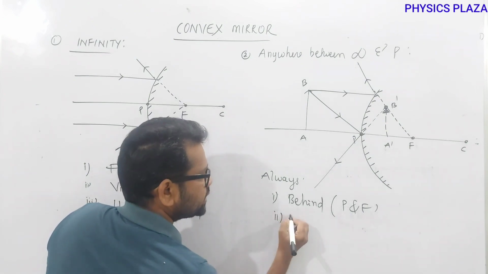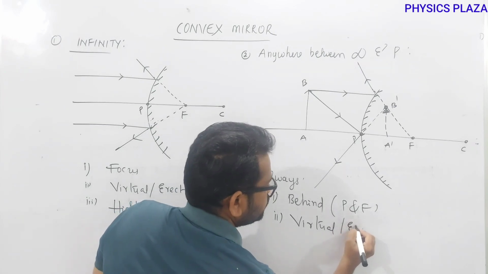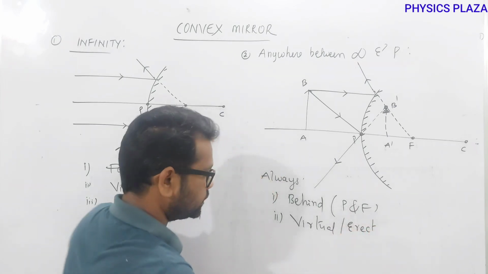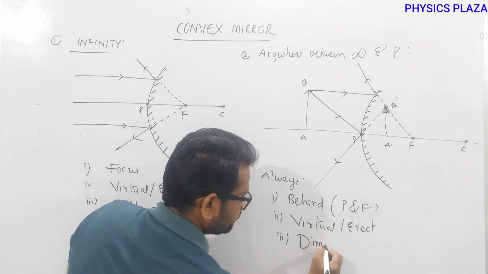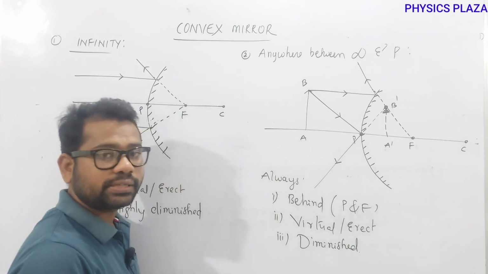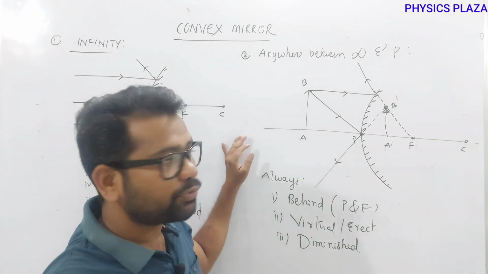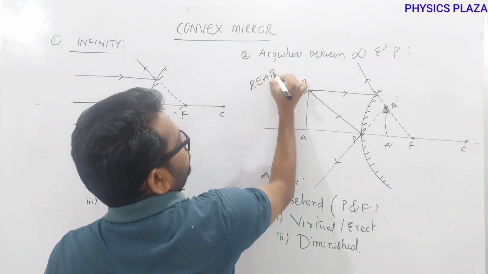The second thing is that it is always virtual and erect. The third is that it is always a diminished image. Children, this convex mirror is used as a rear view mirror.